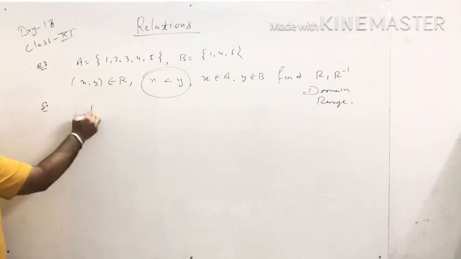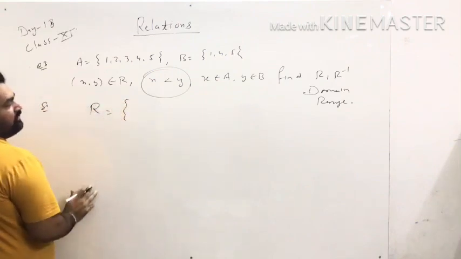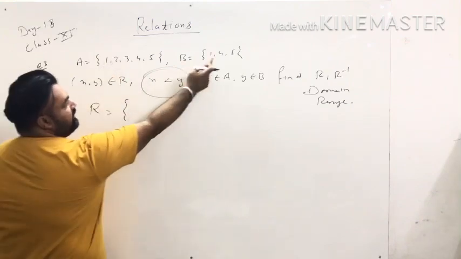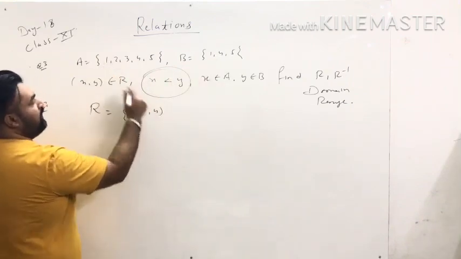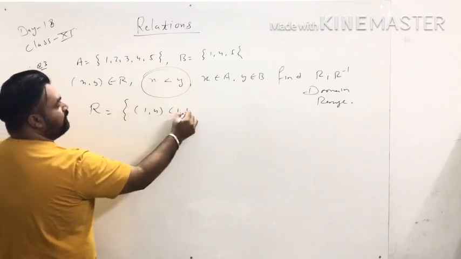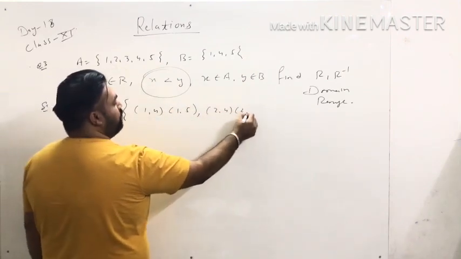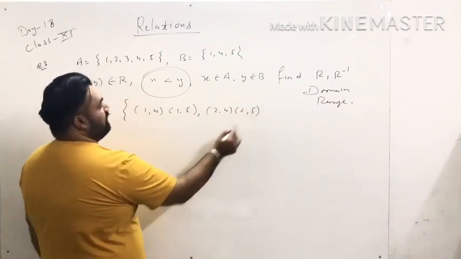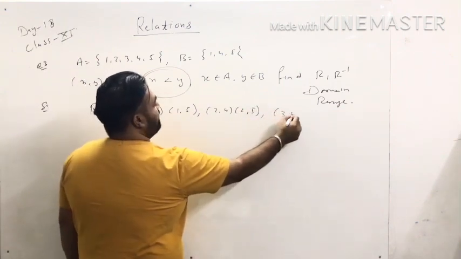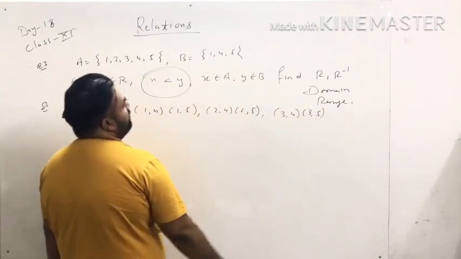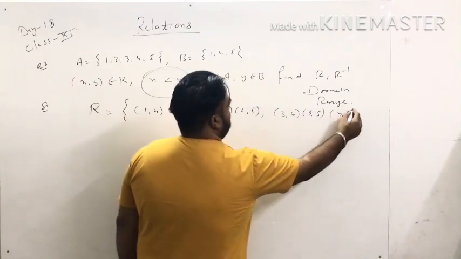So solution, first of all we will find R. Now x is less than y means 1 is less than 4, 1 is less than 5, then 2 is less than 4, 2 is less than 5, then 3 is less than 4, 3 is less than 5, then 4 is less than 5.